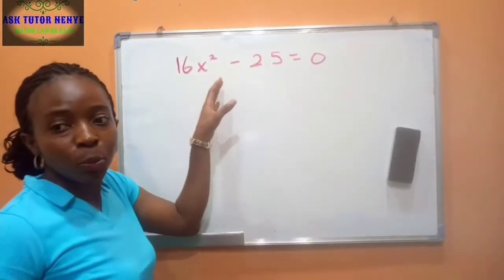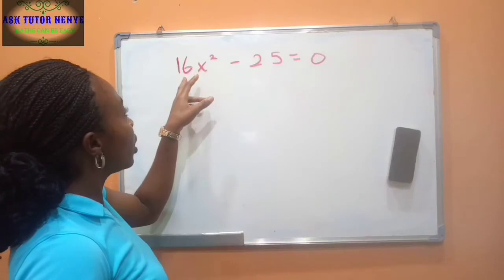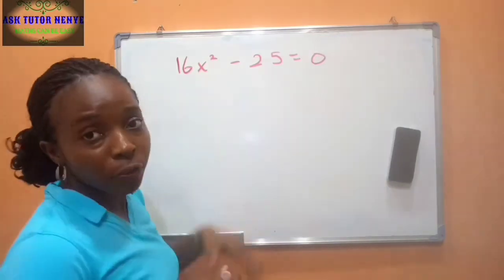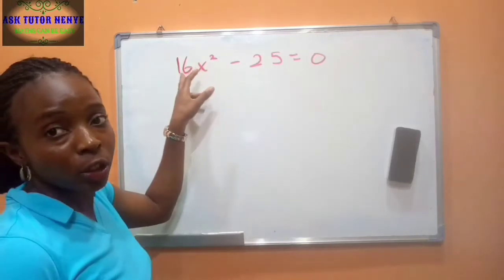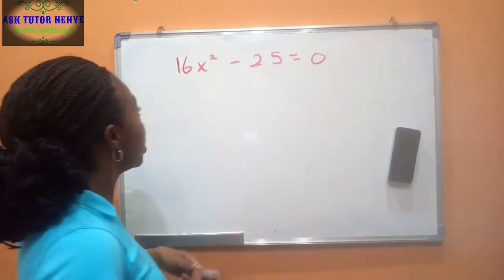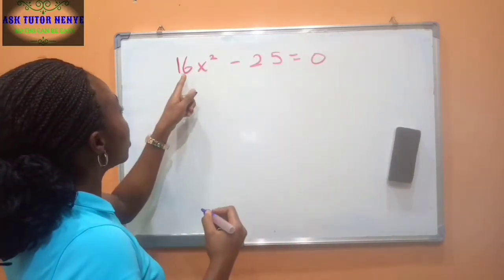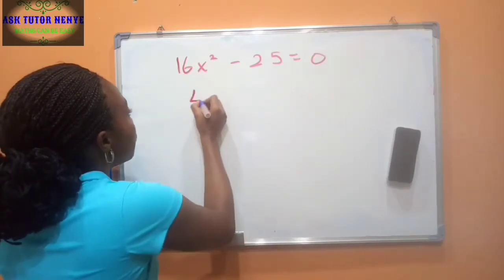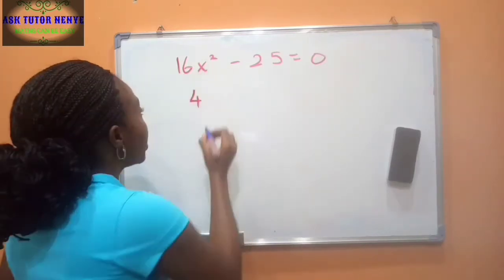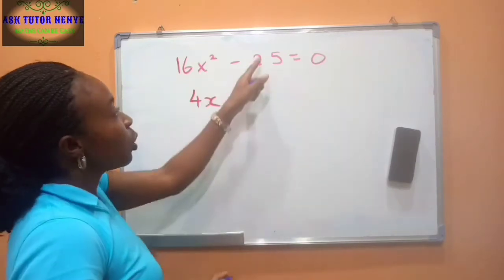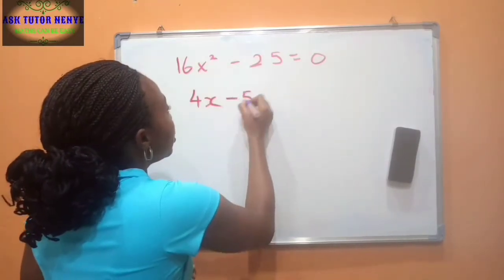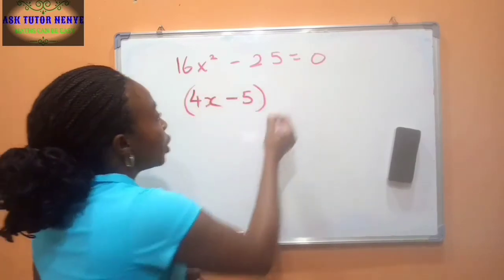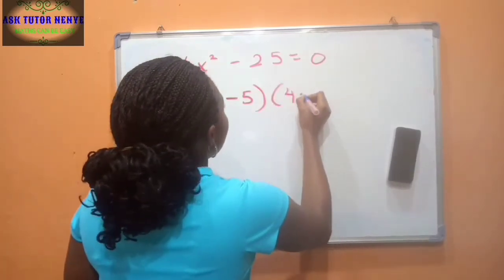Looking at this example, you notice the variable has a perfect square and 25 too. So we simply find the square root of both the variable and the number before the variable, which is the coefficient. Now, the square root of 16 is 4, and the square root of x squared is x. The square root of 25 is 5. So we are still using the difference of perfect squares technique. So we do the same thing here.